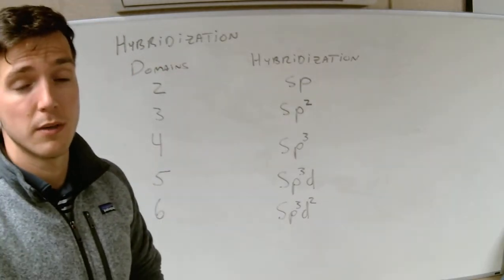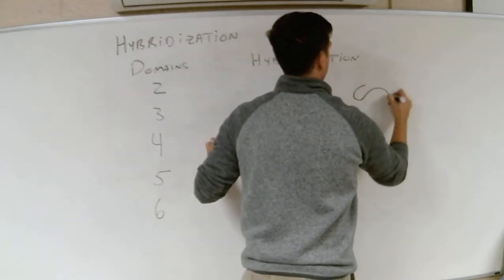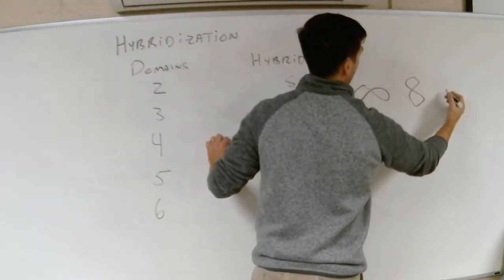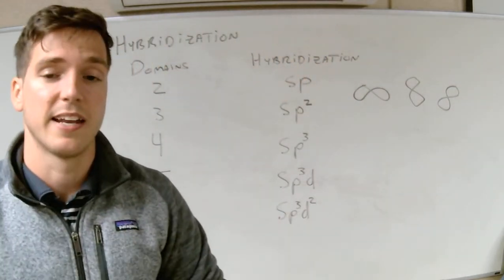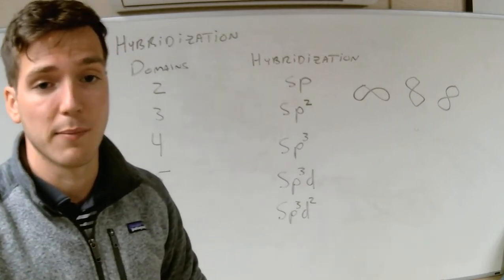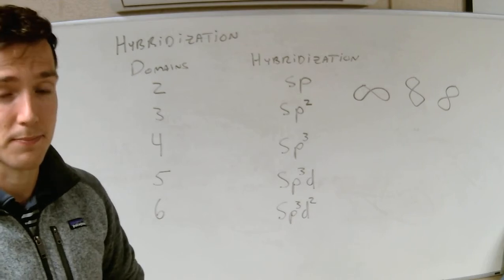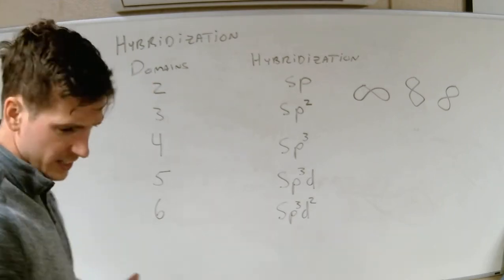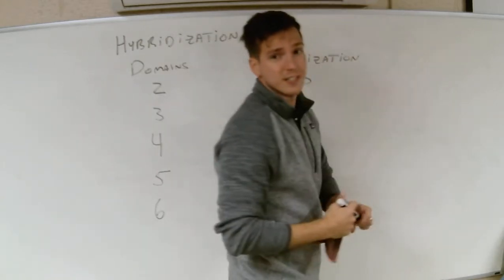That's just because p only has 3 orientations: the sideways, the x, the y, and the z orientation. So that's why it stops at sp3, and then d stops at 2 because they don't think there are any hybridizations past sp3d2.